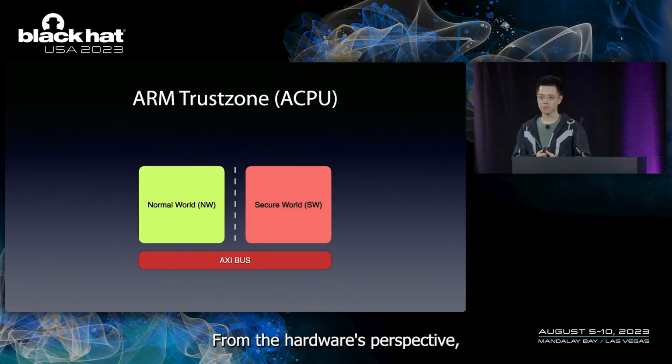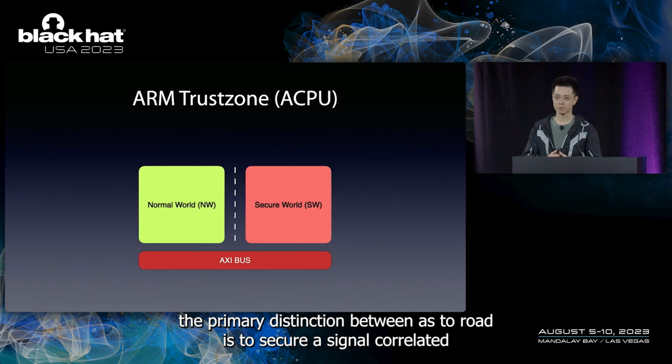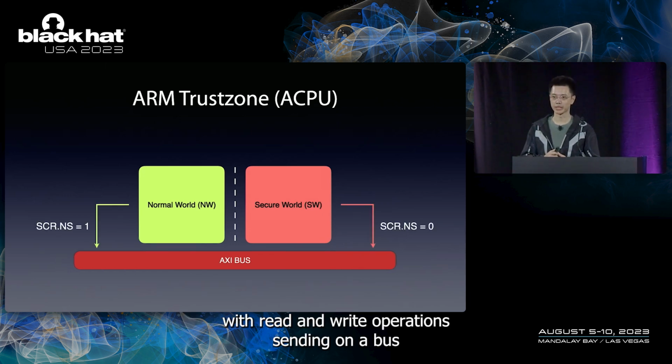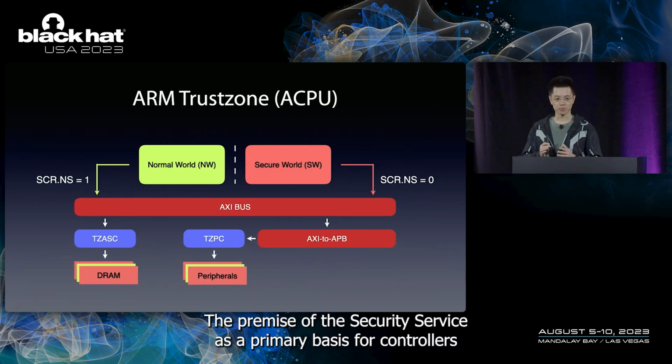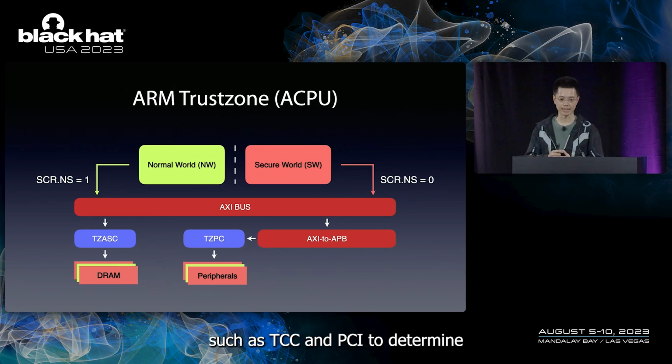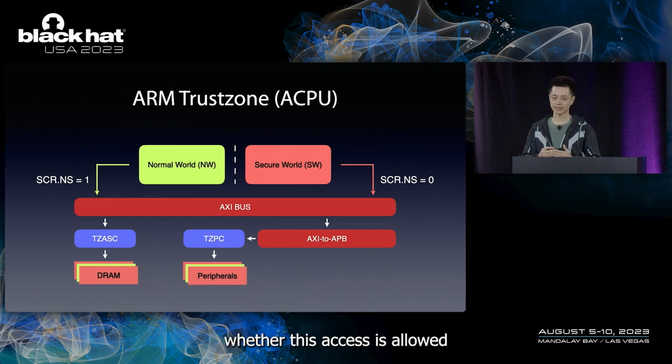From the hardware's perspective, the primary distinction between these two worlds is the secure signal correlated with read and write operations sent on a bus. When attempting to access DDR memory or peripherals, the secure signal serves as a primary basis for controllers such as TZASC and TZPC to determine whether this access is allowed.